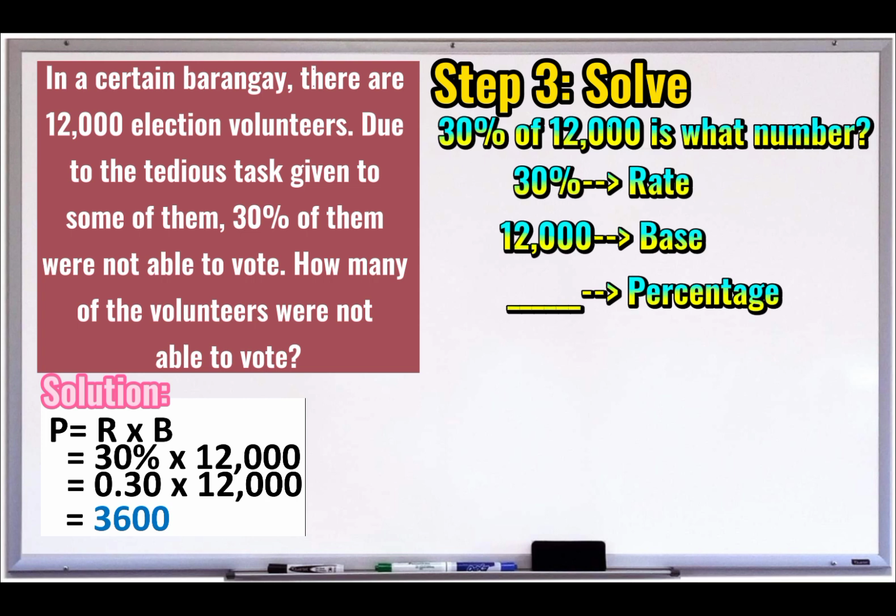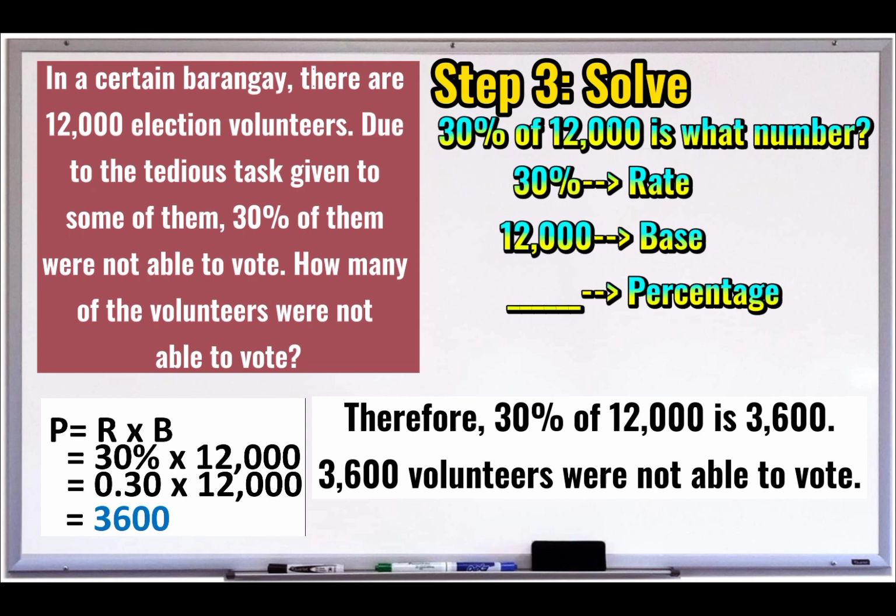So, we are going to convert 30% into decimal form, and 30% will become 0.30 or 0.3 times 12,000. The percentage is 3,600. Therefore, 30% of 12,000 is 3,600.